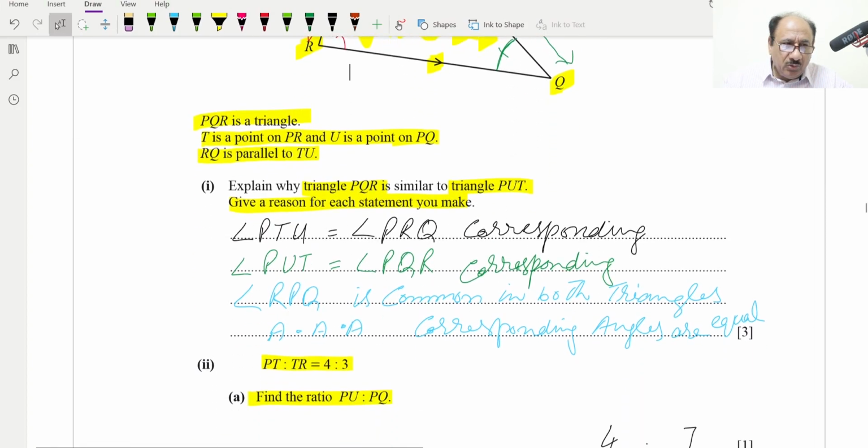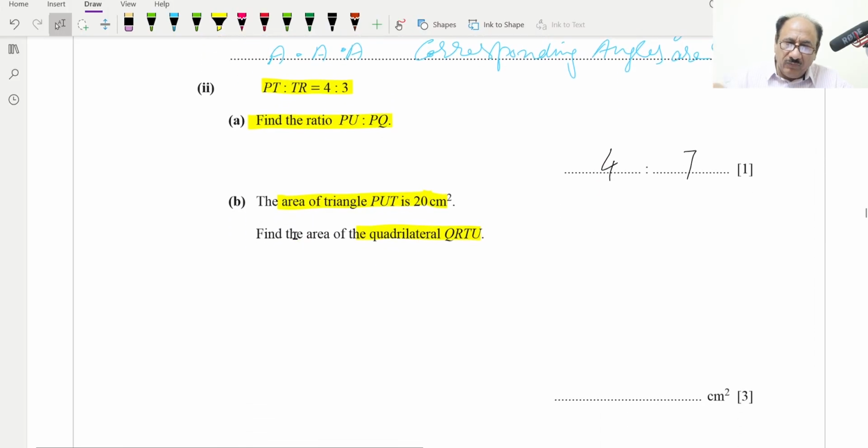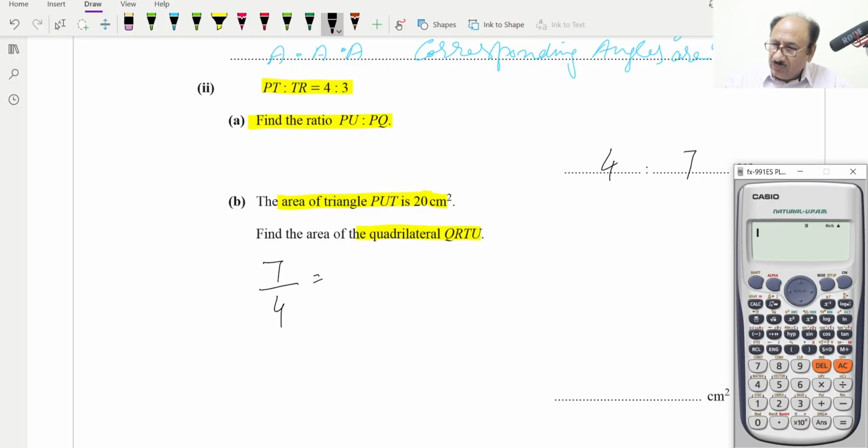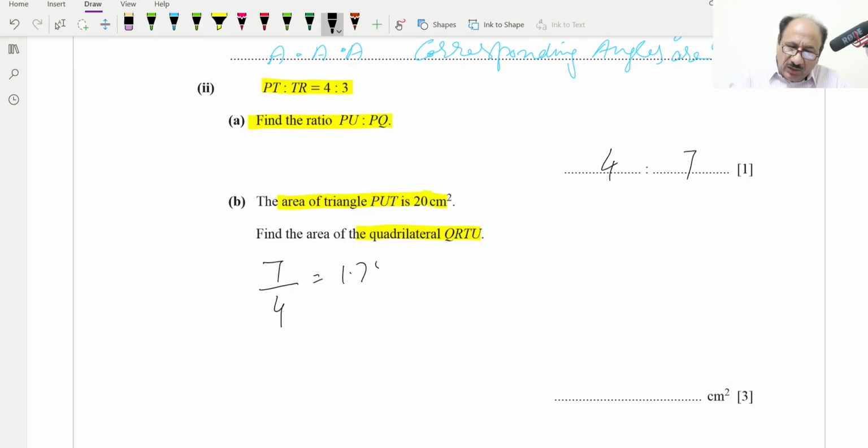Hopefully you understand the strategy. So how will we do this? 7 over 4 will be the ratio, which we can write down like this. So 7 divided by 4 will be equal to 1.75. This is the ratio.